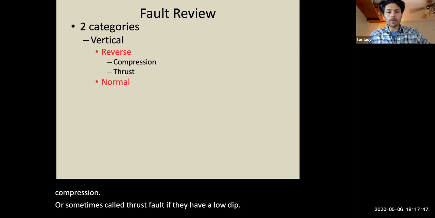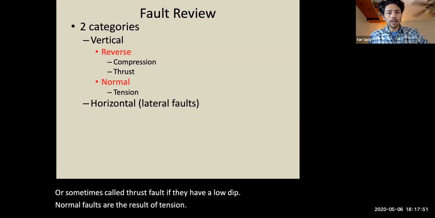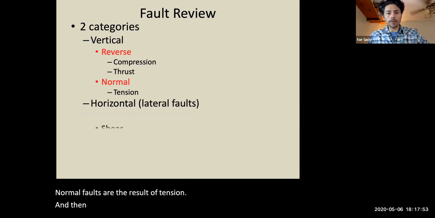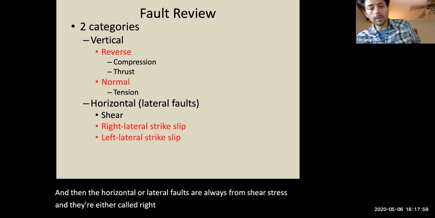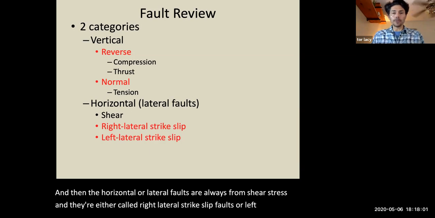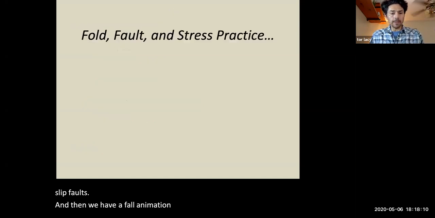Normal faults are the result of tension. And then the horizontal or lateral faults are always from shear stress, and they're either called right lateral strike slip faults or left lateral strike slip faults. And then we have a fault animation there that you can take a look at if you'd like.